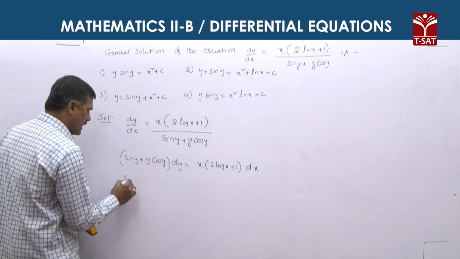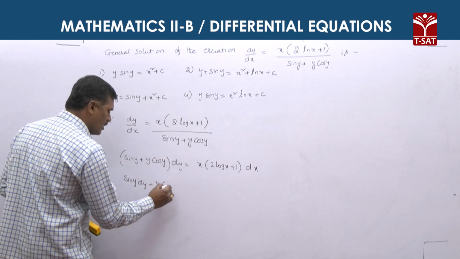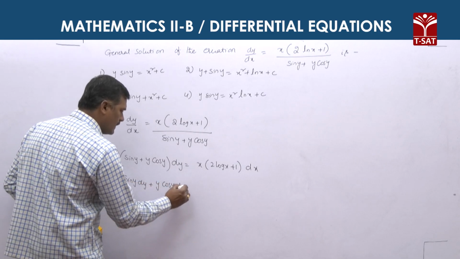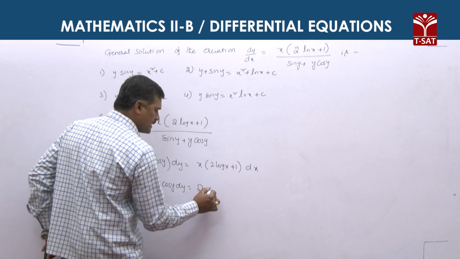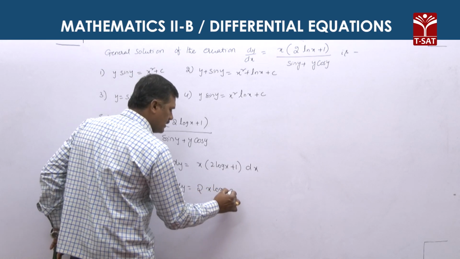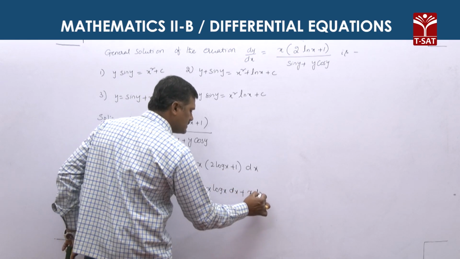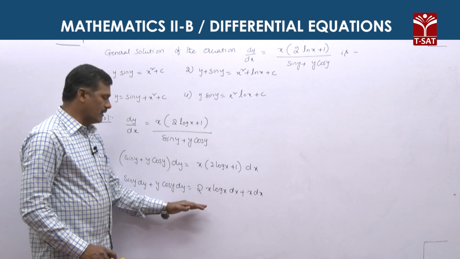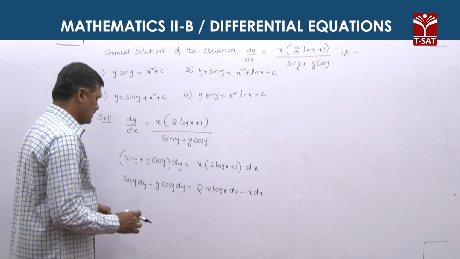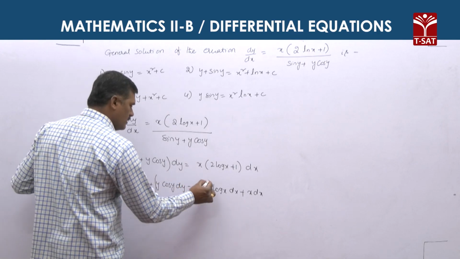Now sin y into dy plus y into cos y into dy is equal to 2 times x into log x into dx plus x into 1 into dx. Variables are separable.